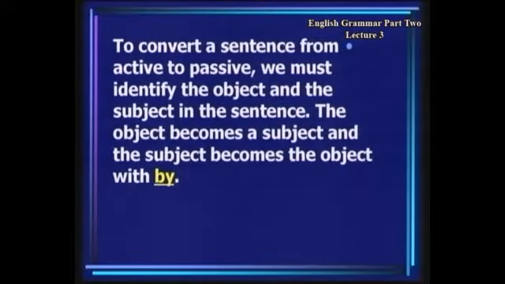To convert a sentence from active to passive, إني أغير الجملة من active to passive, we must identify the object. We should know where the object is and the subject. The object becomes a subject and the subject becomes the object with by. انتوا عارفين ان by, if you remember, by is a preposition, and whatever comes after a preposition is an object. If you remember, it is an object of the preposition.